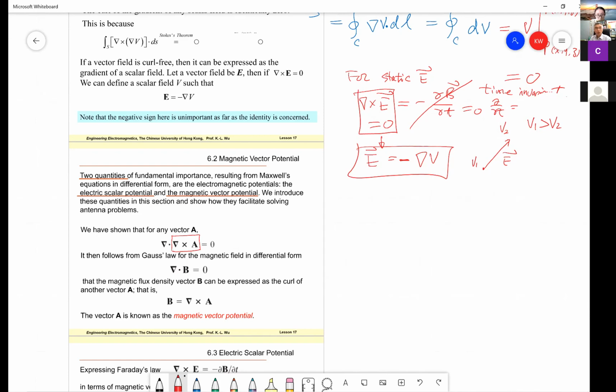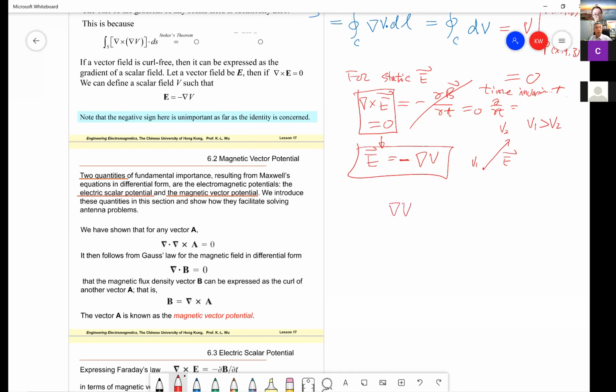We proved this using the divergence theorem. If you don't remember, go back and take a look at our previous notes. Now we have two important vector identities, right?